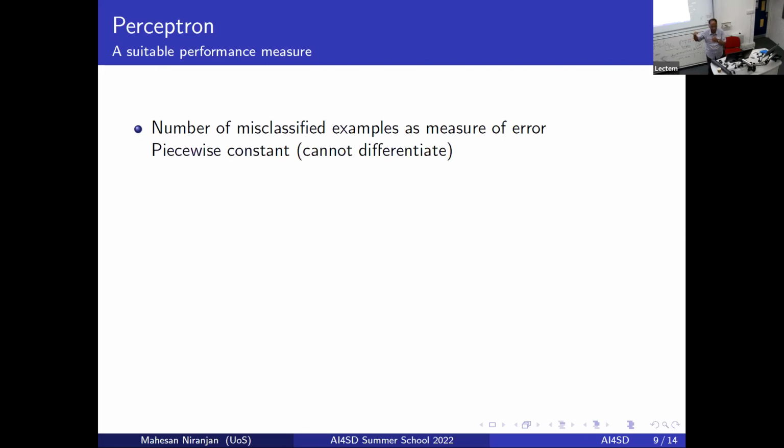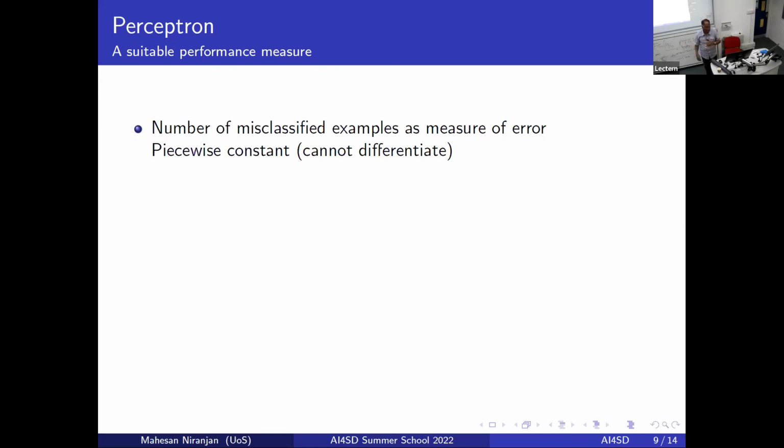And you can visualize it, right? It's a continuous space, and you have a finite amount of data. I put a boundary here, and I will have 10 errors, say. So I move the boundary a tiny bit, it's still 10 errors. Another little bit, still 10 errors. But when I cross one of the data points, it will become 11. Then it will stay 11 for a while, then become 12.